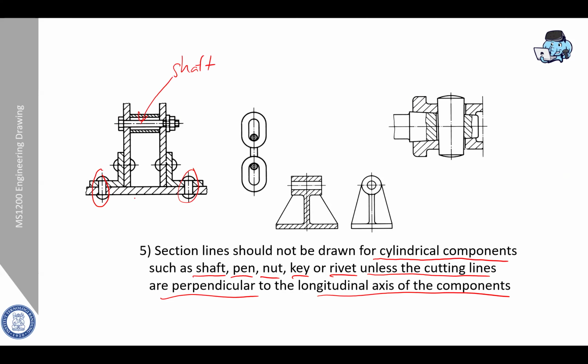key, nut, and so on. Jadi kita nggak gambar arsiran pada shaft, atau rivet atau baut begitu. Khususnya jika cutting line-nya itu paralel dengan sumbu rivetnya atau sumbu shaft-nya begitu.